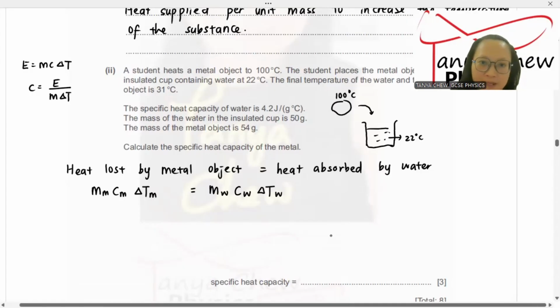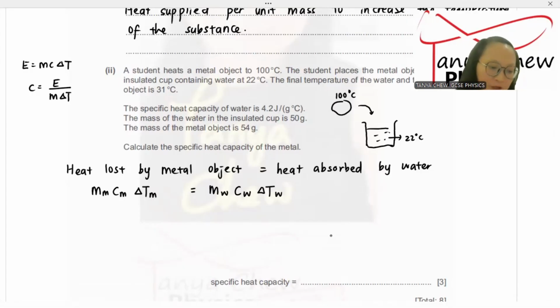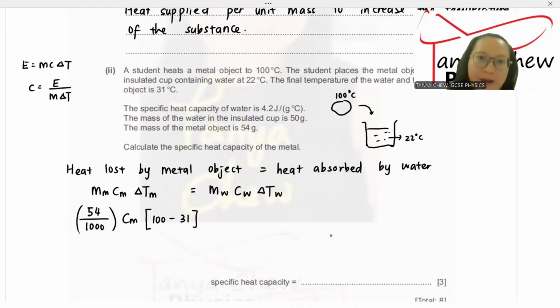Mass of the metal is given, which is 54 grams. So I'm going to change that gram to kilogram, divided by 1,000. Specific heat capacity of the metal is the one that I need to calculate. The change in the temperature of the metal is 100 degrees Celsius, you take the larger temperature minus the smaller temperature, so minus 31 degrees Celsius, because I have already mentioned this is a heat loss by the metal.